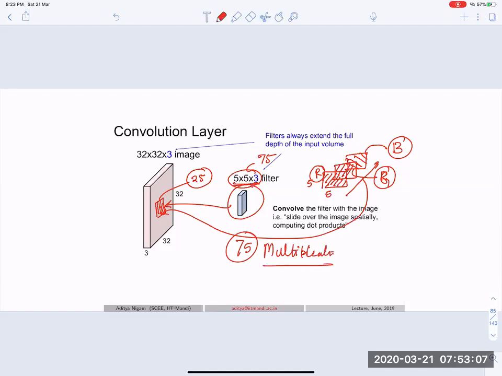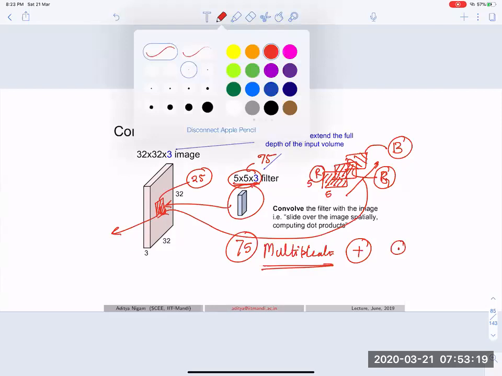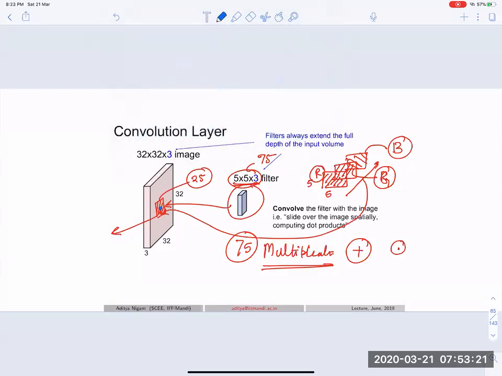If you do the 75 multiplications and add all of them, you are going to get a single value. That single value is the output of this filter for this pixel.